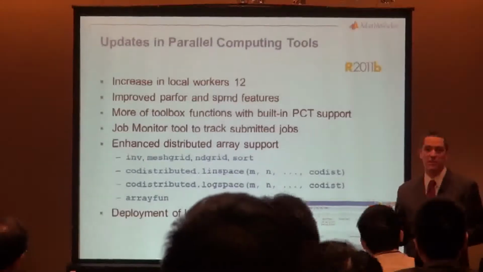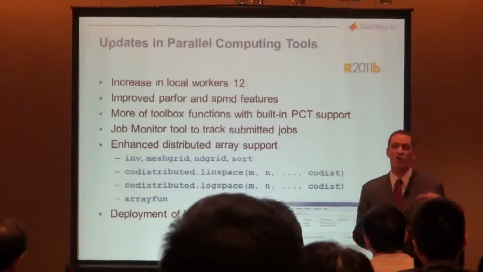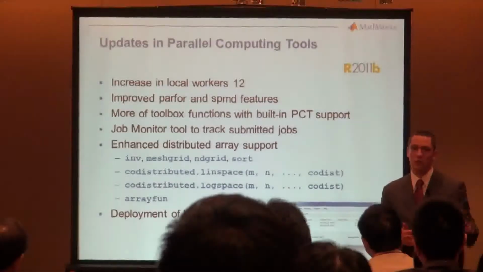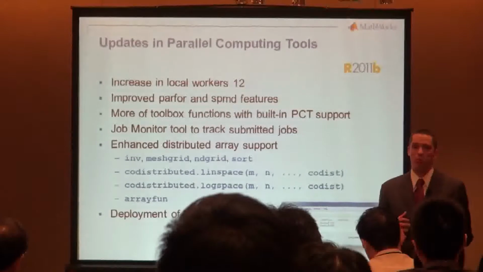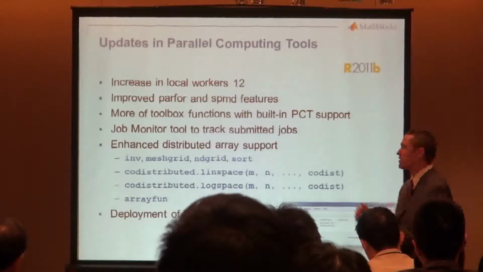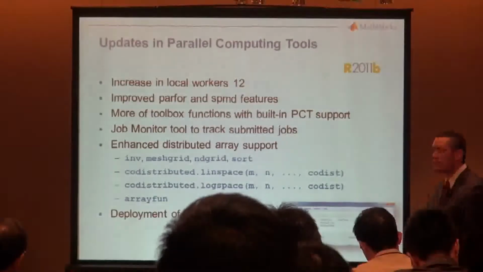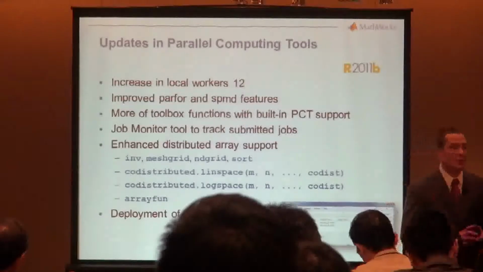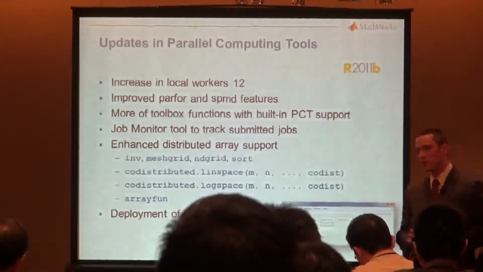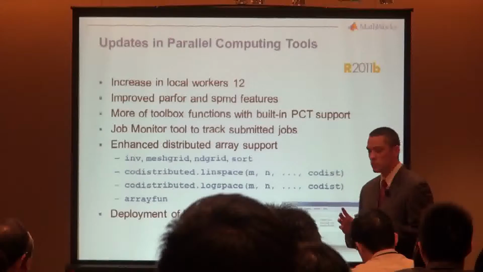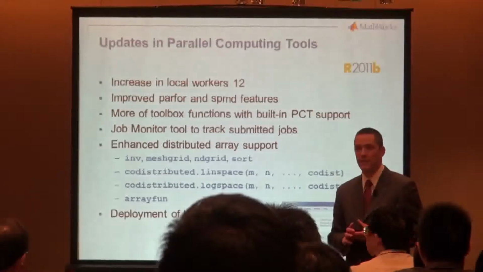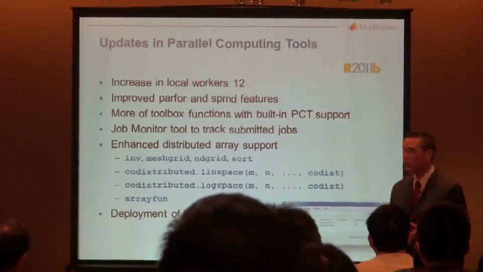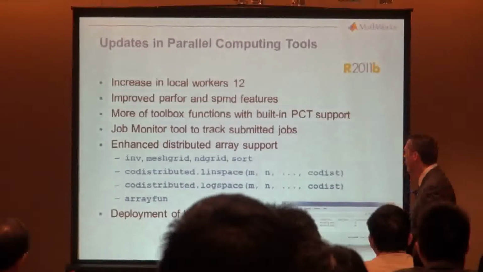Actually, some of these updates I'm showing here have occurred earlier, in earlier releases, but they are all available as of 11B. Some of them are specific to the latest release, such as increasing the amount of local workers you can open up on your desktop to 12.